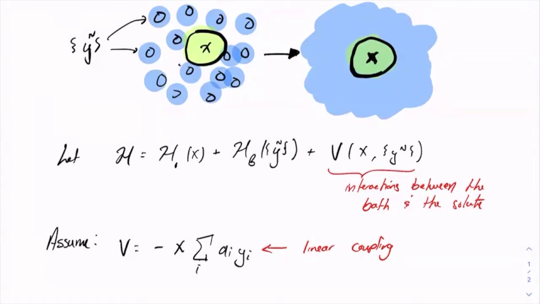We can imagine a reference, which is our H naught plus the HB, the Hamiltonian for the bath, plus the Hamiltonian in the solvent, without an interaction. And we can imagine perturbatively including that interaction term and solving for the implications on the equations of motion of that interaction.